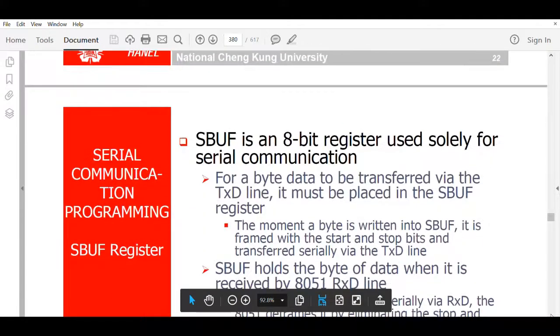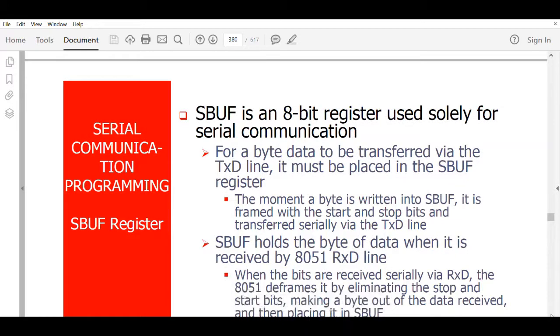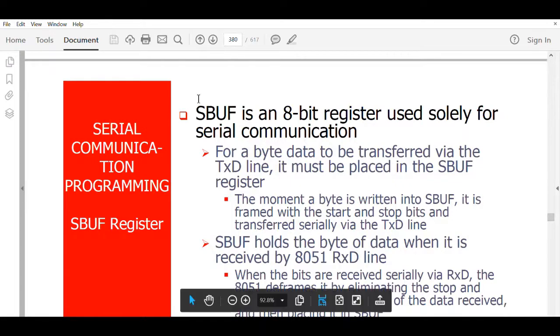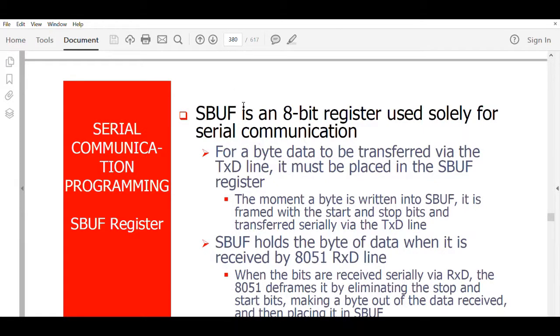In the syllabus you have the SFRs for serial data communication. So SBUF is a register for serial communication. It's an 8-bit register, used only for serial communication.